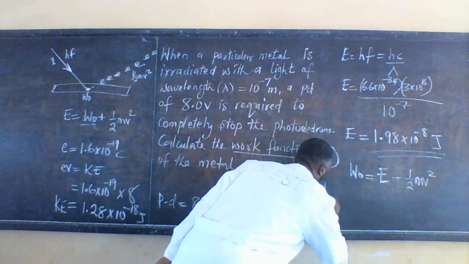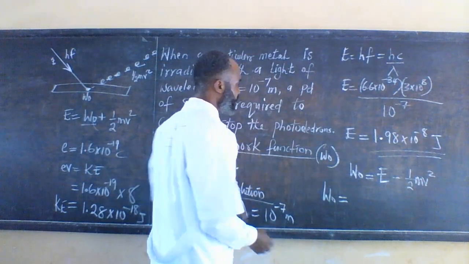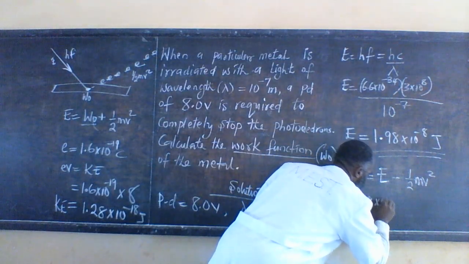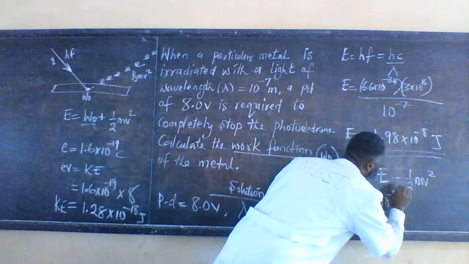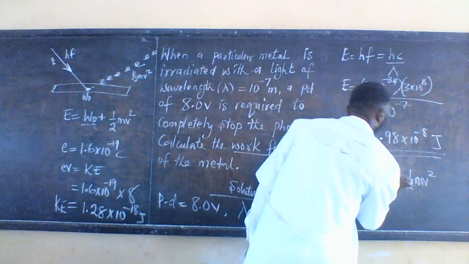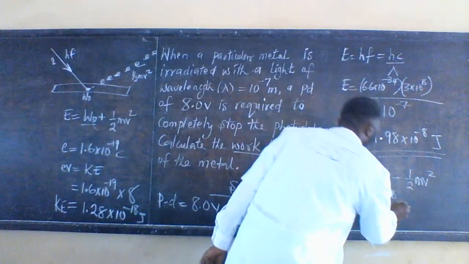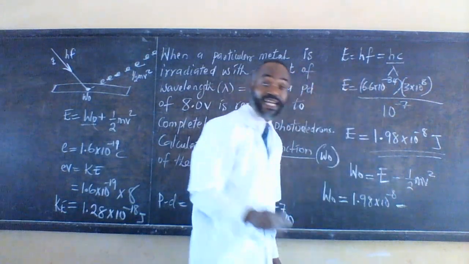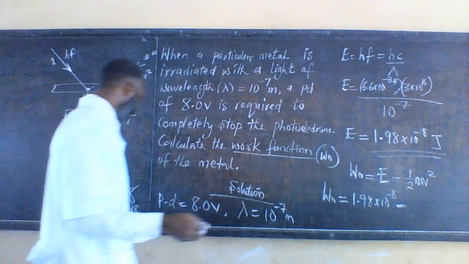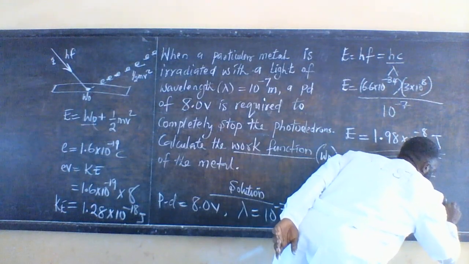Work function is now equal to the energy of the photon, 1.98 times 10 raised to the power minus 8, minus the kinetic energy of the emitted electrons, given as 1.28 times 10 raised to the power minus 18.